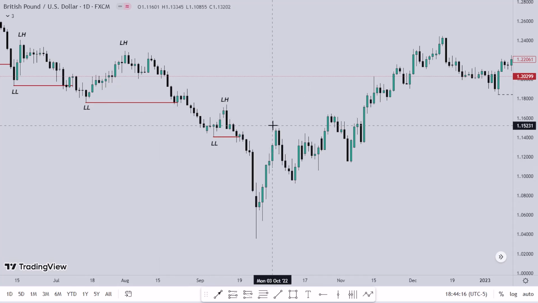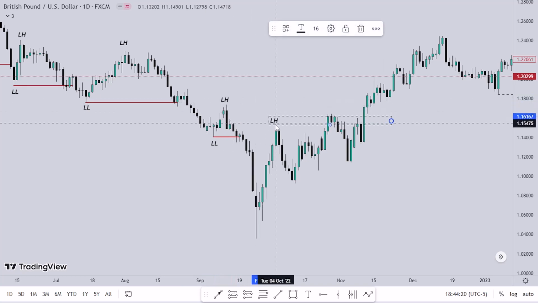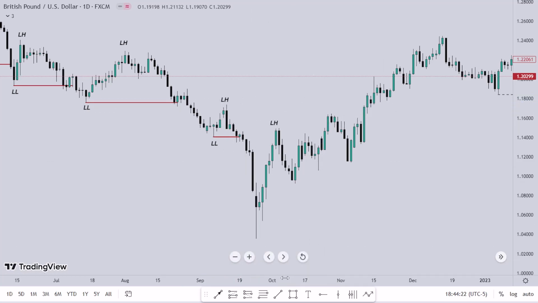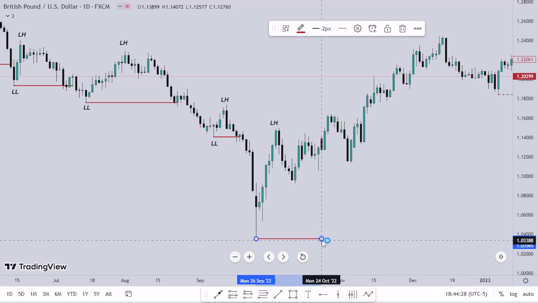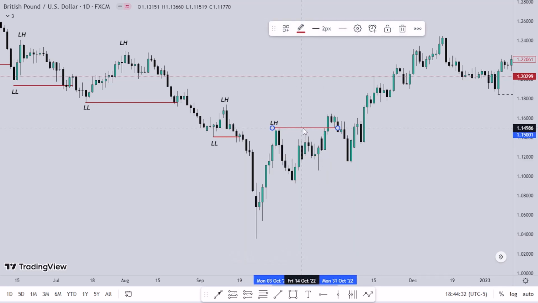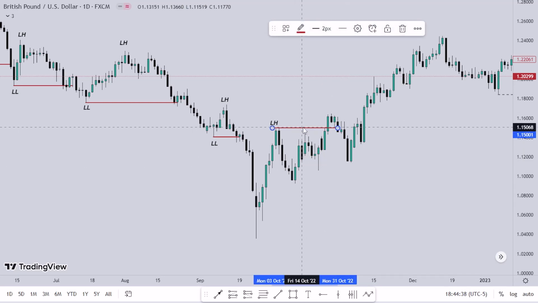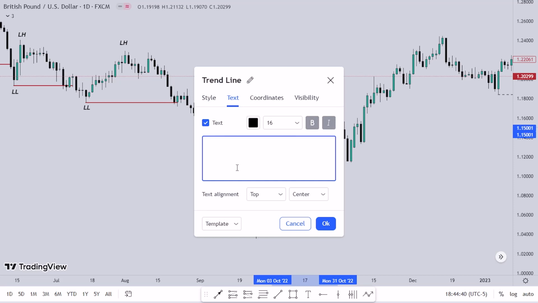So we pull back, it did make the lower high, but it failed to come and make the lower low here. Instead it went up and broke the lower high. When we see this happening for the first time, we say this is what? A shift in market structure, or market structure shift, MSS, or you can use change of character.